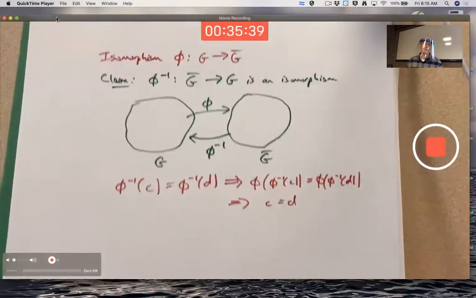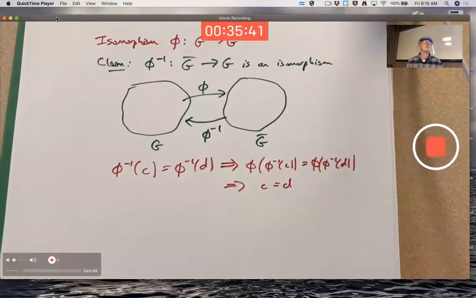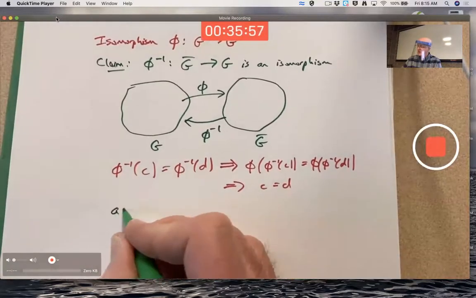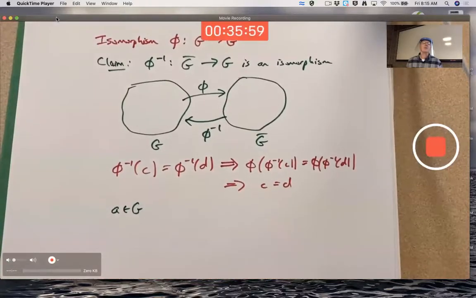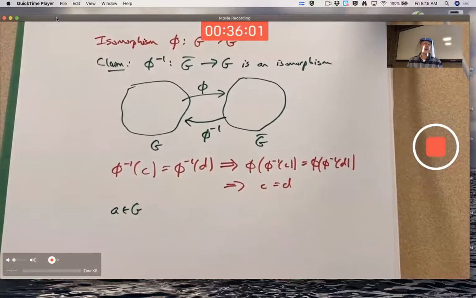Because that's what inverse functions do, they undo each other, assuming we've defined phi inverse correctly to make this happen. And again, you did that on a homework assignment. So it's one-to-one. Is it onto? Give me some A in G. Is there something in G bar that gets mapped to A under phi inverse? Sure. Phi of A does.